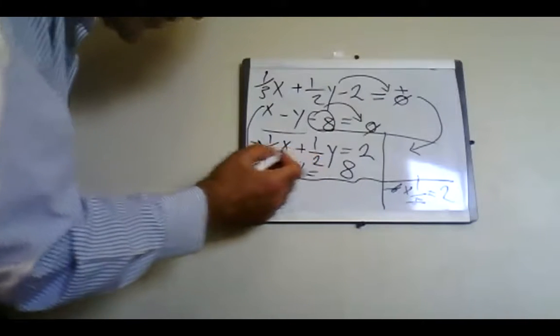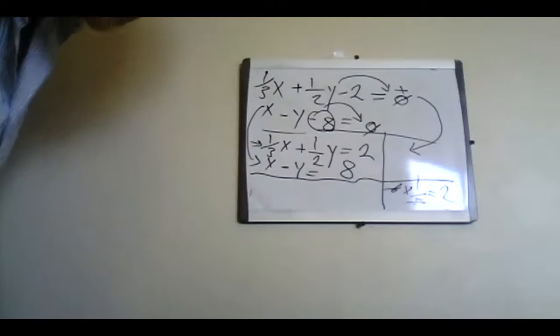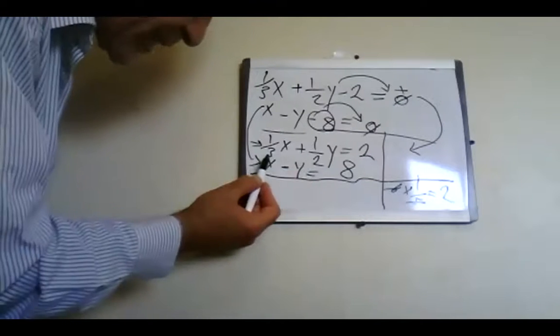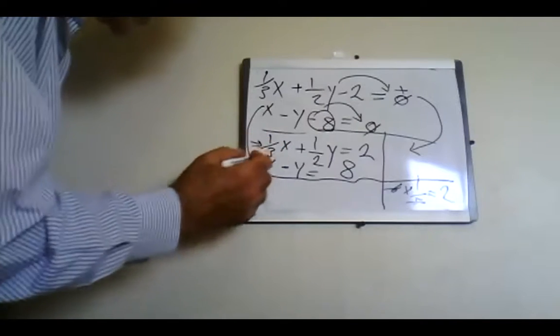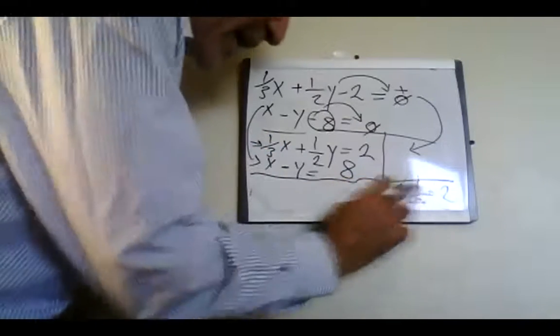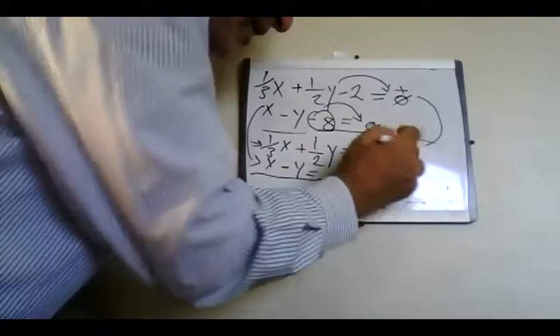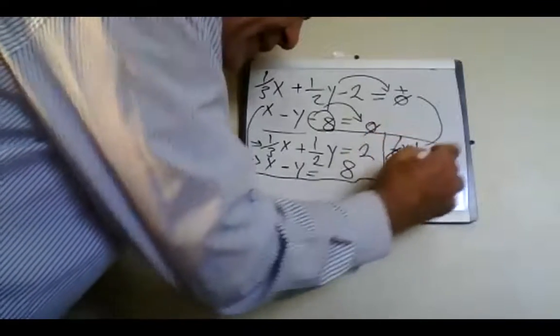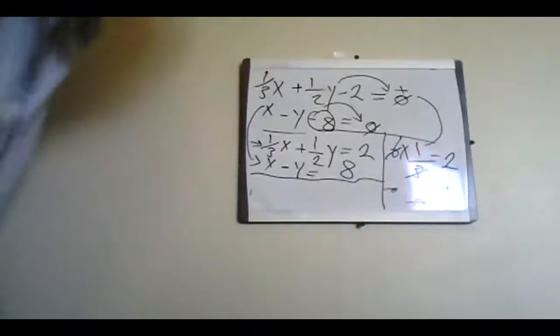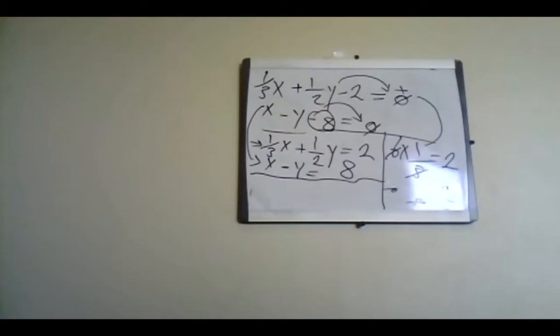Because 2 times 3 gives me 6. So 6 times 1/3 equals 2, because 6 with 3 gives you 2.